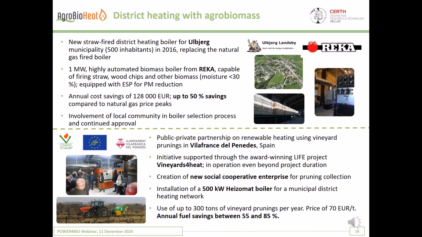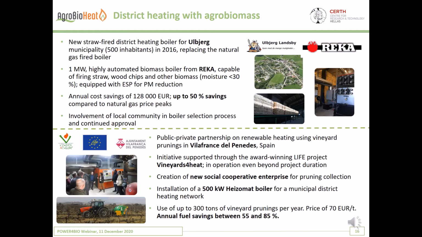Another example, this one coming from Spain, is based on another type of biomass resource, vineyard prunings, and it was established in the municipality of Vilafranca del Penedès, near Barcelona, as part of the Vineyards for Heat project, which facilitated the creation of a new value chain based on vineyard prunings. The project initially started with a new social cooperative enterprise for the pruning collection.